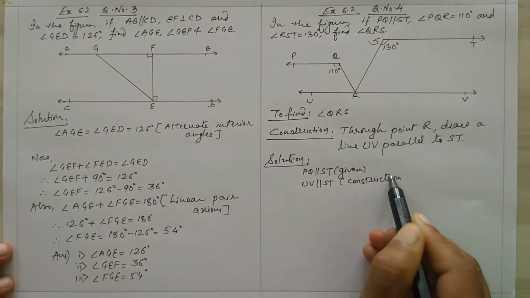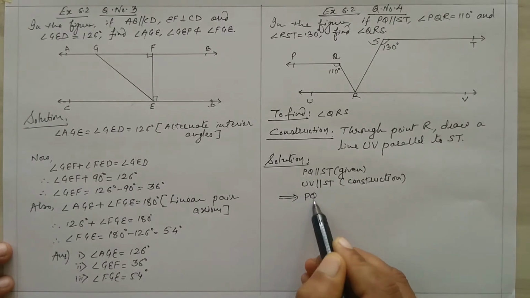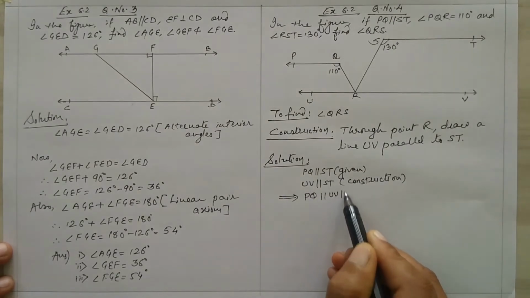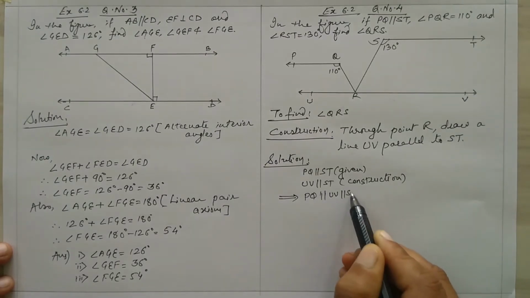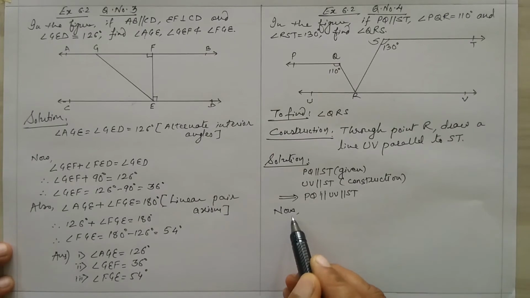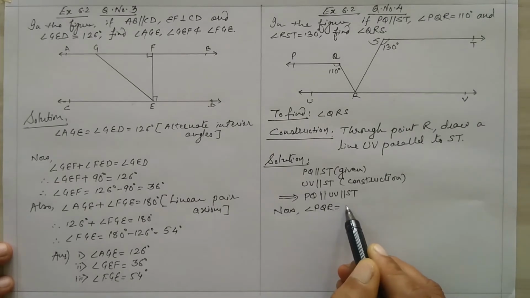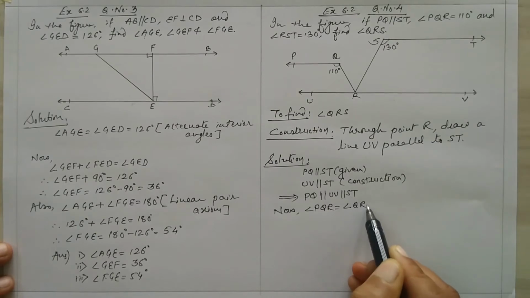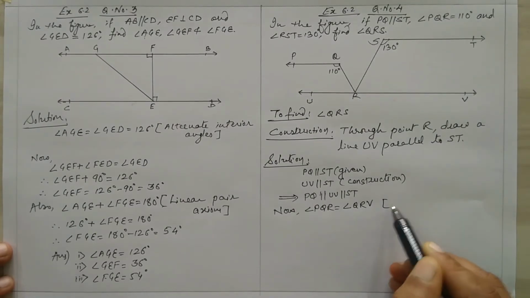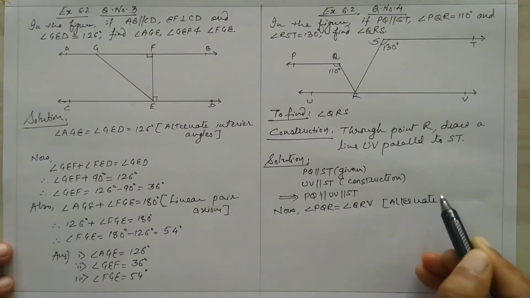So it implies that PQ is parallel to UV is also parallel to ST. Now angle PQR is equal to angle QRV. Okay, alternate interior angles. Reason: alternate interior angles.